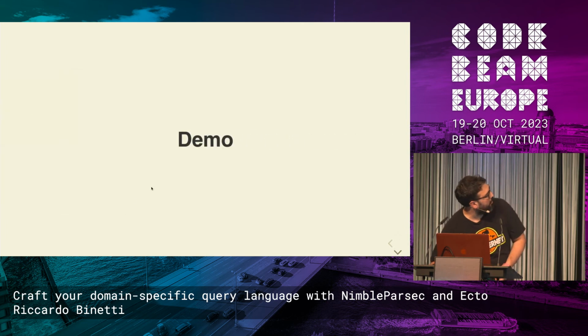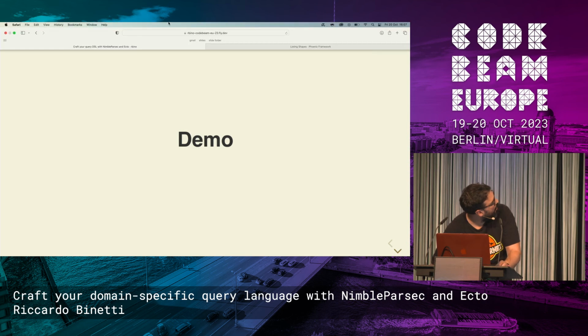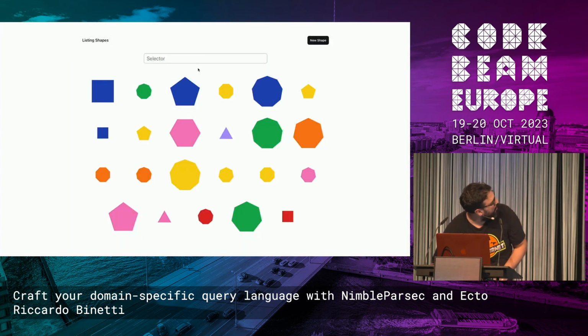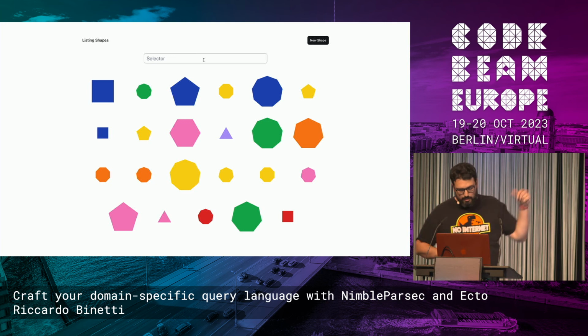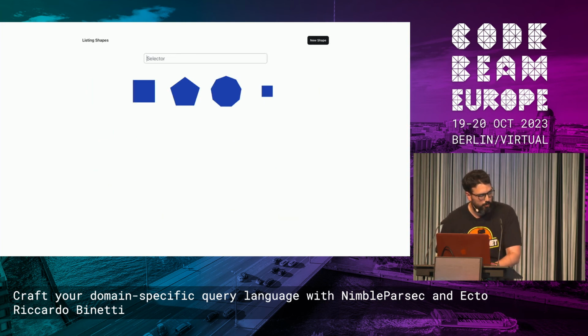So a really quick demo, just to see if it works. So here I have a LiveView with a list of shapes. And I can just do blue, and it will select the blue ones.